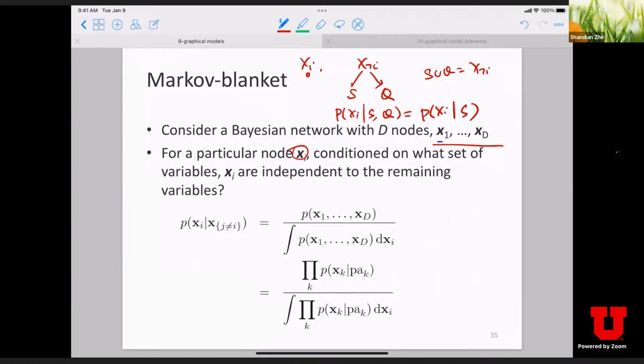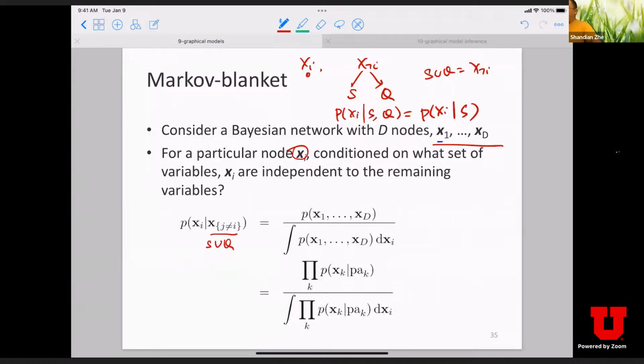We give two ways to identify the Markov blanket S. First, from the algebraic view, look at the full conditional probability of xi given the remaining variables other than xi, so this should be S union Q. According to the definition of Bayes rule, it is the joint probability of x1 to xd divided by the marginal probability, marginalizing out xi.